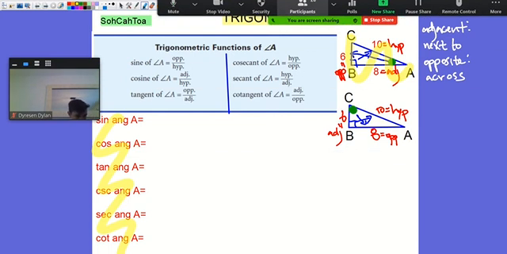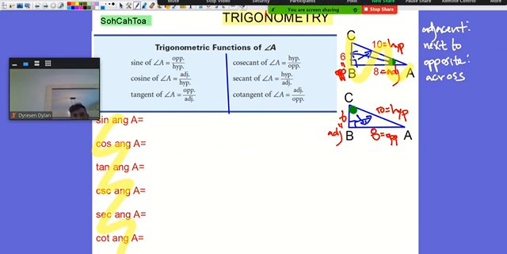We're just going to put in numbers that we see over here. This is what I mean. Let me put this in green. Sine of angle A is opposite over hypotenuse. We already determined opposite to be 6, so I'm going to put in 6 right here. On the bottom is hypotenuse, and we determined hypotenuse is 10.